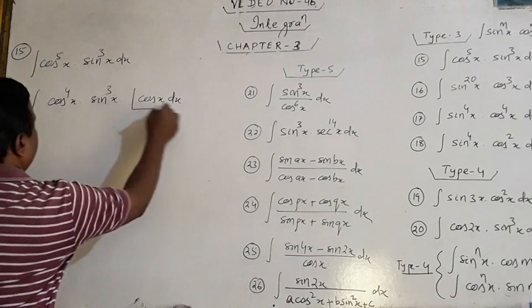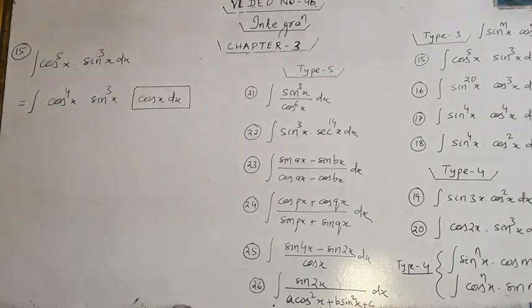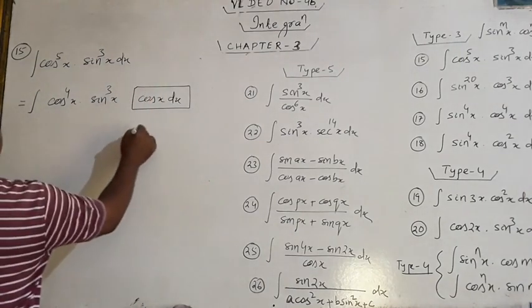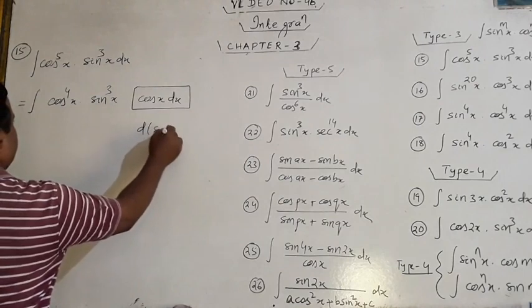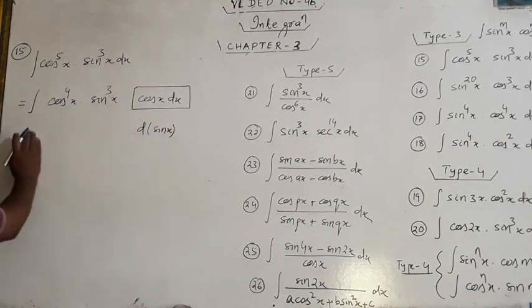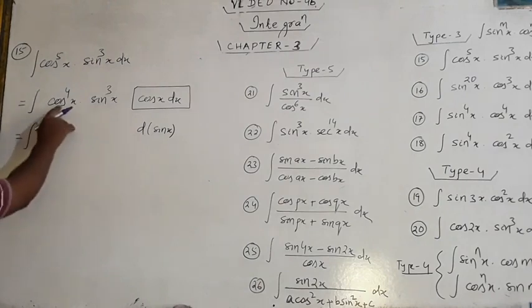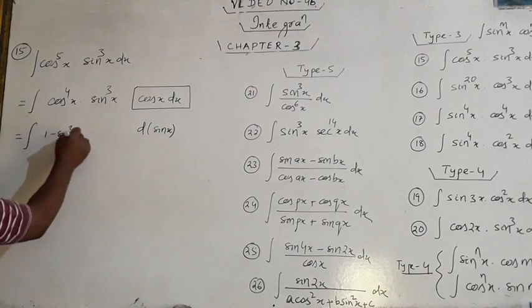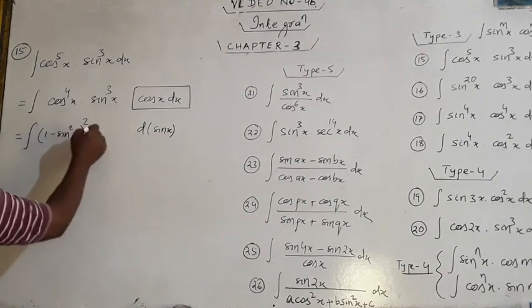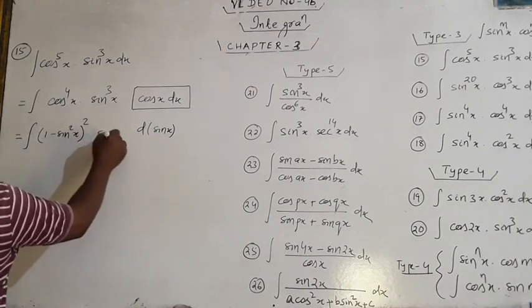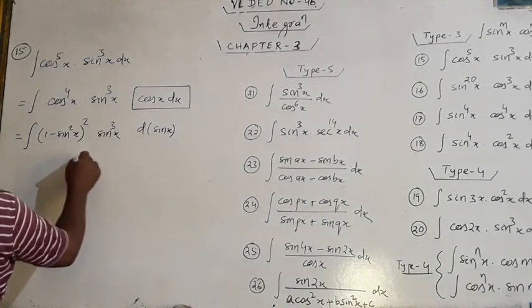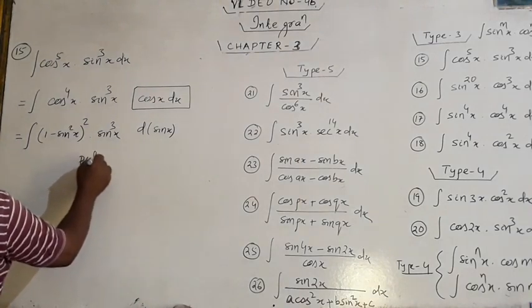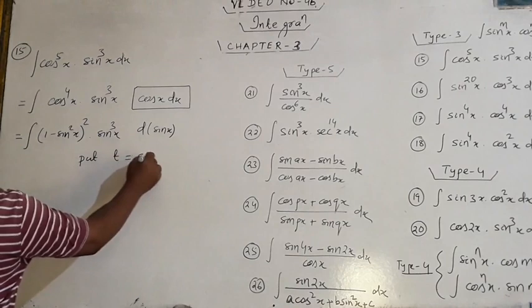Now look at here, cos x dx. Whose derivative is cos x? Derivative of sin x. Then you have to convert every term to sin. That is, it is the integration of cos square x whole square, that is 1 minus sin square x whole square into sin cube x. Then put t is equal to sin x.